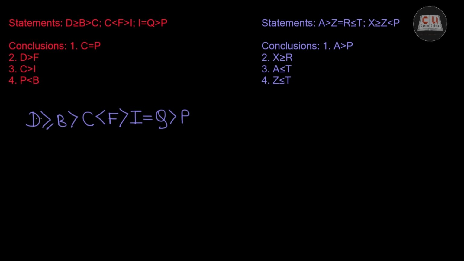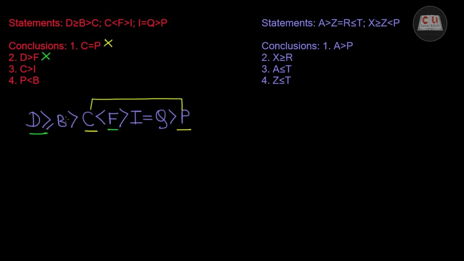Here's C and here's P, doing the same thing. Two opposing signs, so this one would not follow, not valid. Second one is between D and F, again two opposing signs, not valid, doesn't follow.